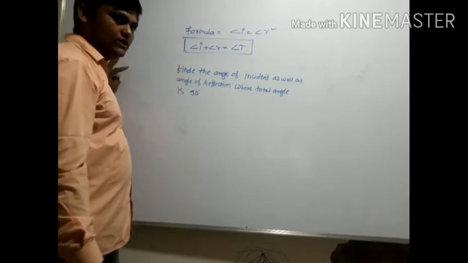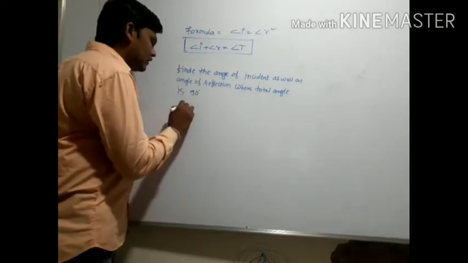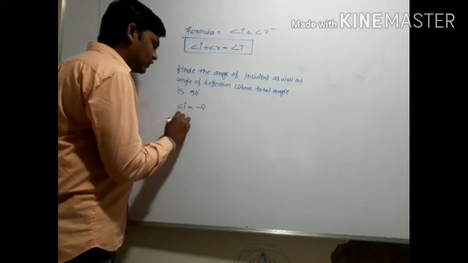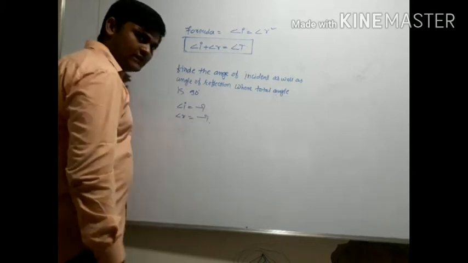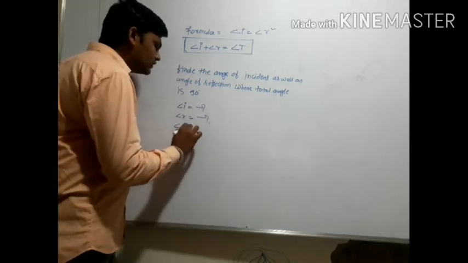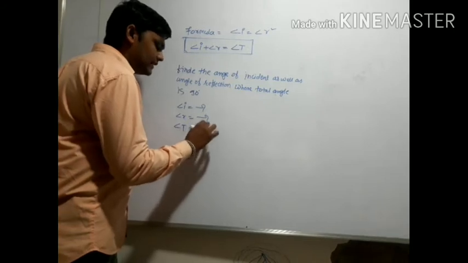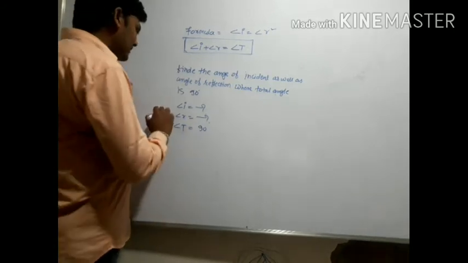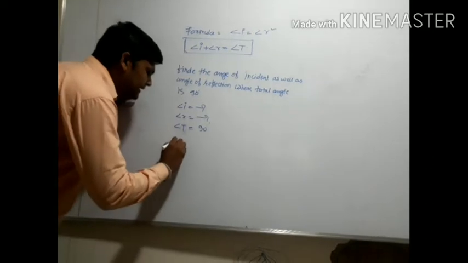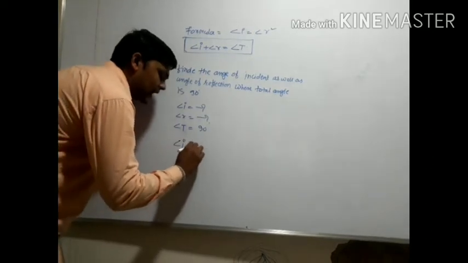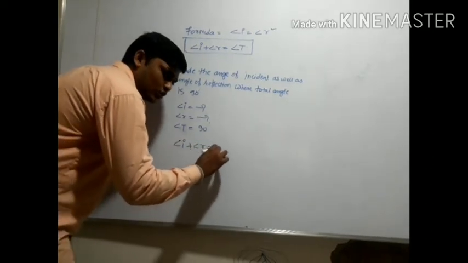How to find it out? We know very well the angle of incidence we don't know, the angle of reflection we don't know. We only know the total angle, that is 90 degrees. How to calculate? We have a formula: angle of incidence plus angle of reflection is equal to total angle.